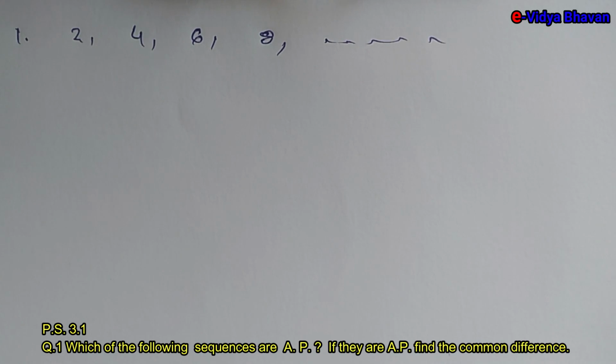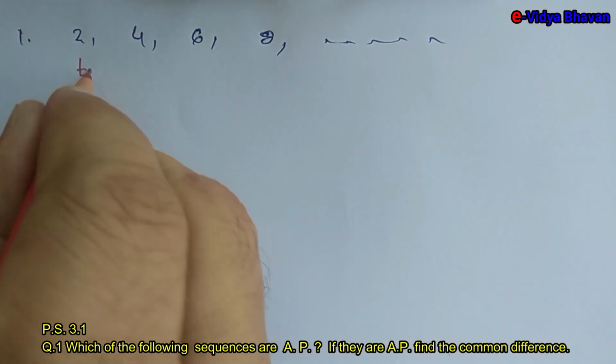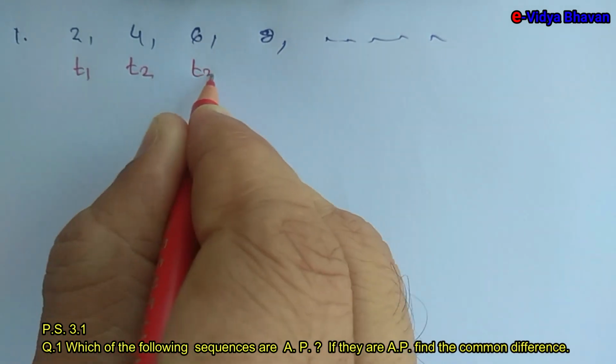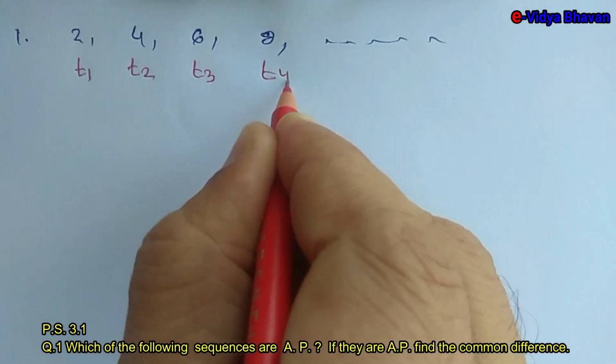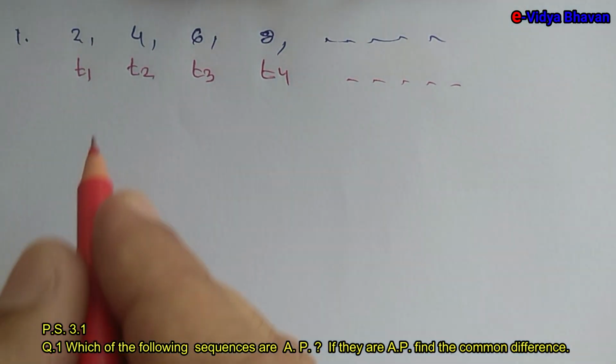We want to prove which of the following sequences are AP. To prove this, let us consider the first term as T1, second term T2, third term T3, fourth term T4, and so on. To show it is an AP, let's find the difference.